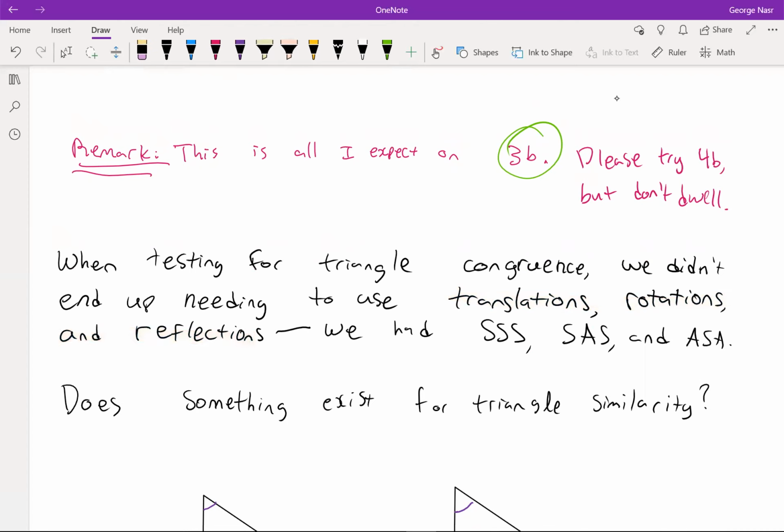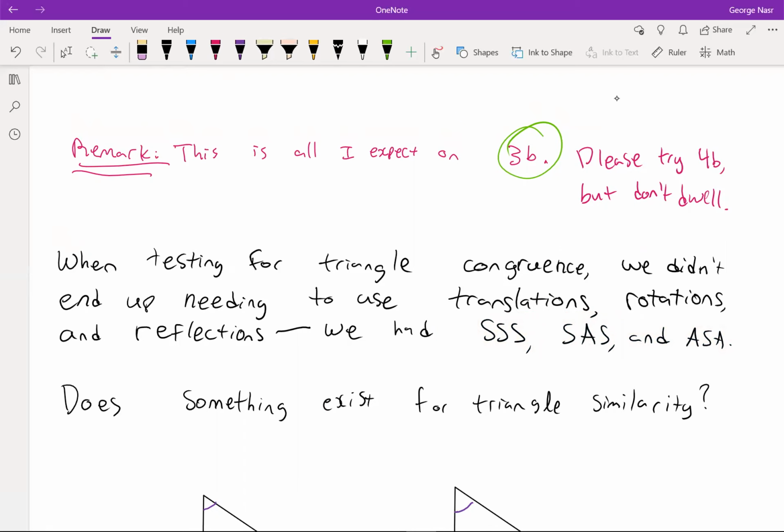We had these really convenient 3 tests: side, side, side; side, angle, side; and angle, side, angle. If two triangles have the same 3 sides, or two of the same sides with the same angle in between, or two of the same angles with the same side in between, we know they're congruent.